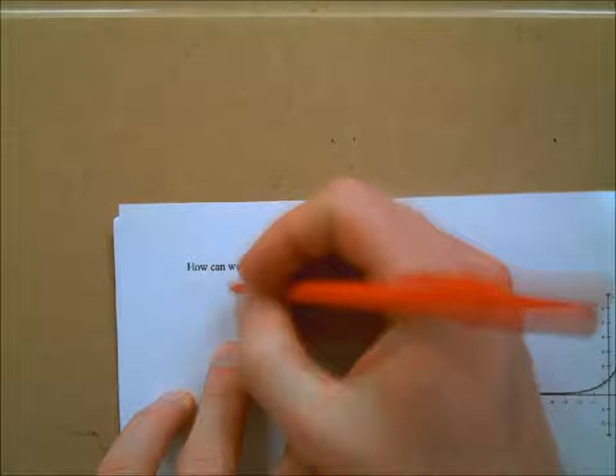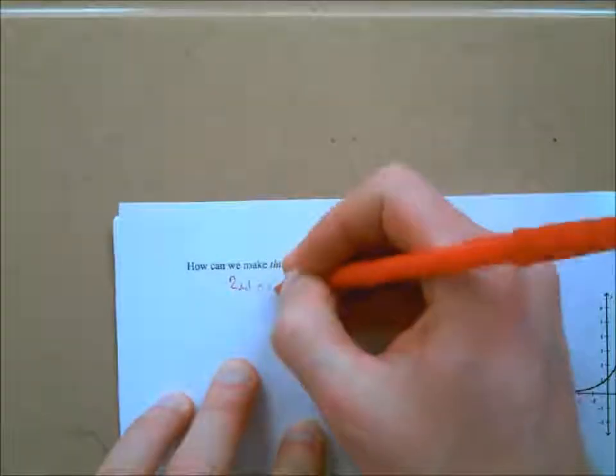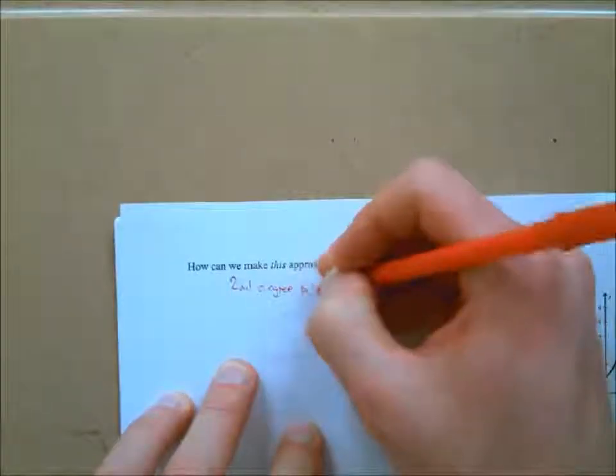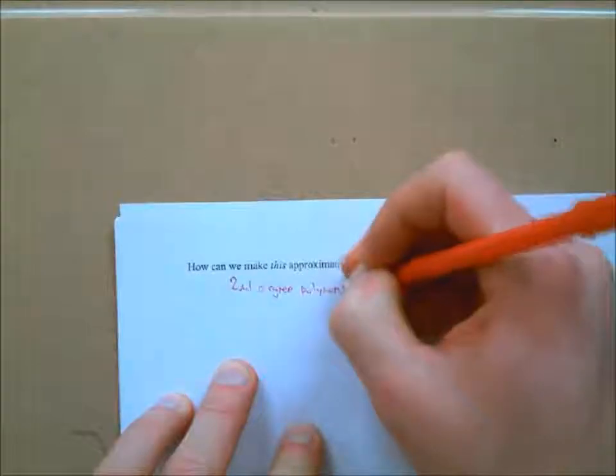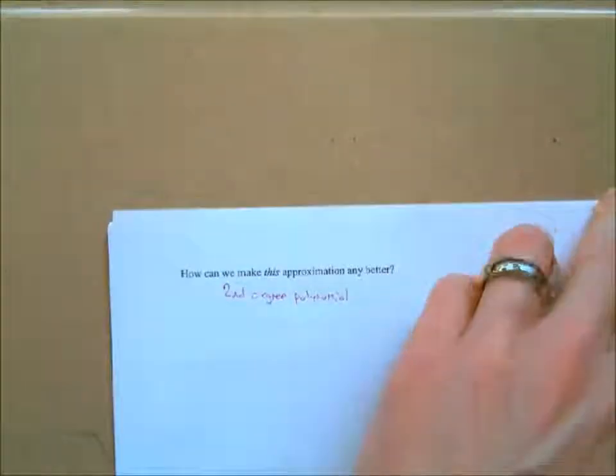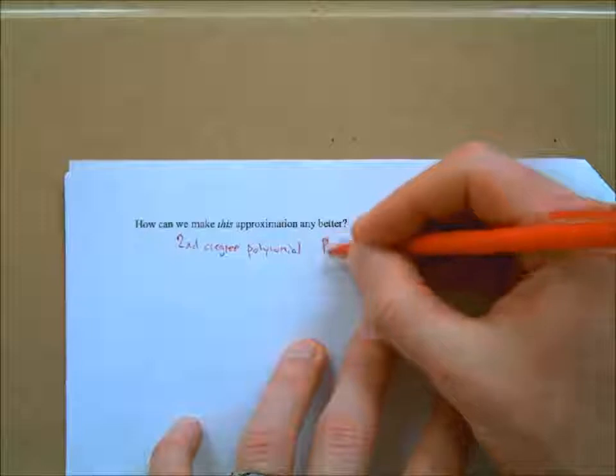Okay, so turn the page here. And we're going to keep building this thing. So how can we make it better? Well, we'll use a second degree polynomial, and we'll call that one P2.